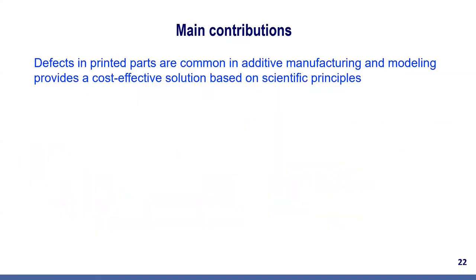Defects in printed parts are very common, and we discussed four types of defects: the lack of fusion void, the balling, the surface roughness, and residual stress. Modeling provides a very cost-effective solution based on scientific principles and without the need to do many trial and error experiments.